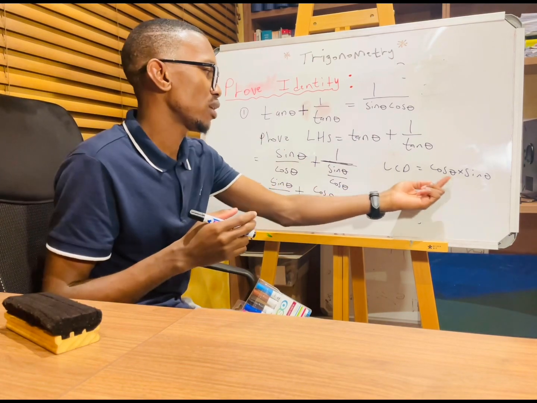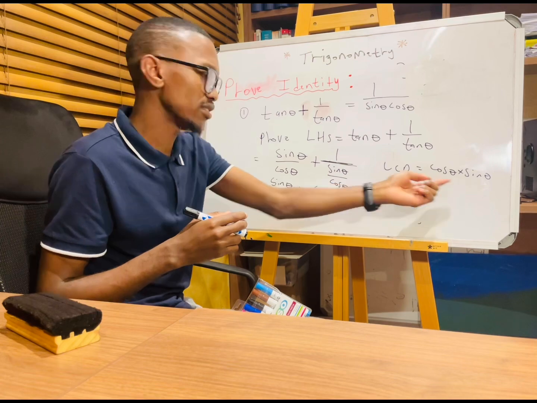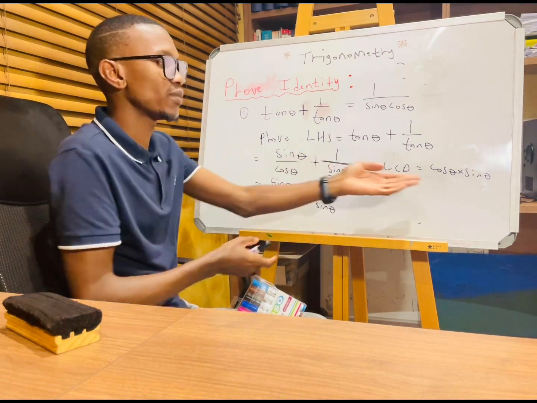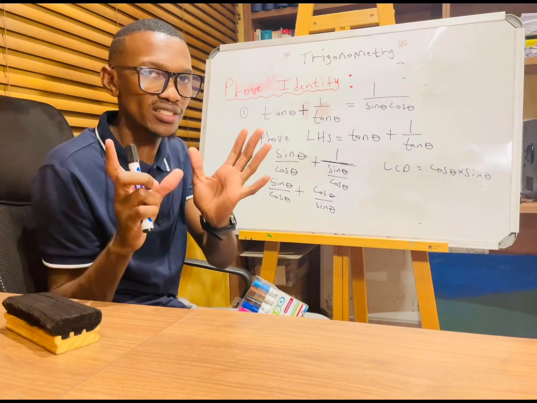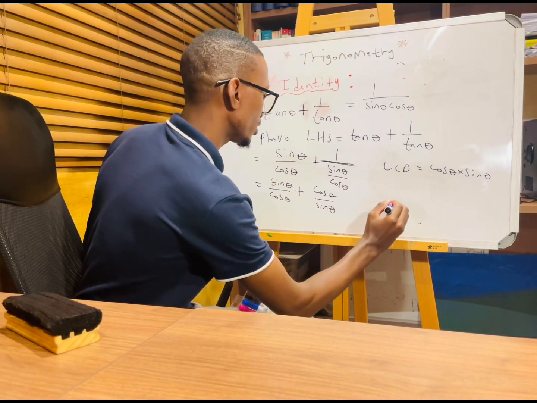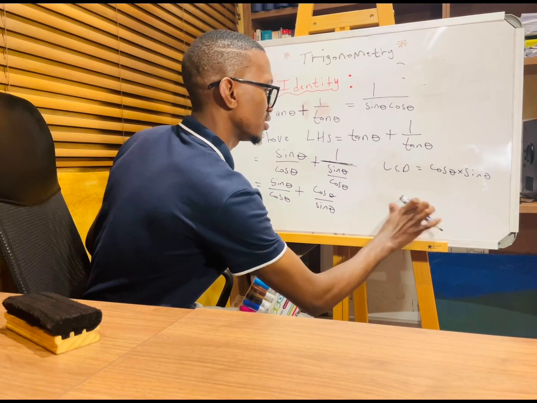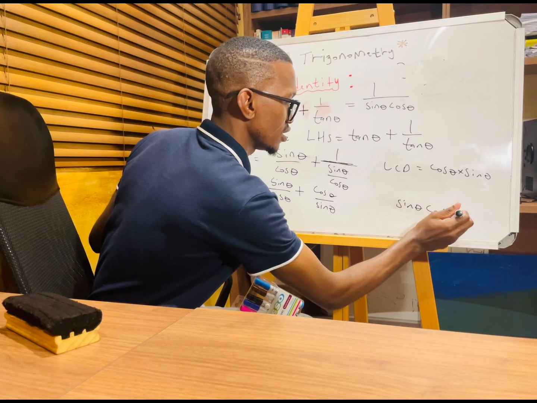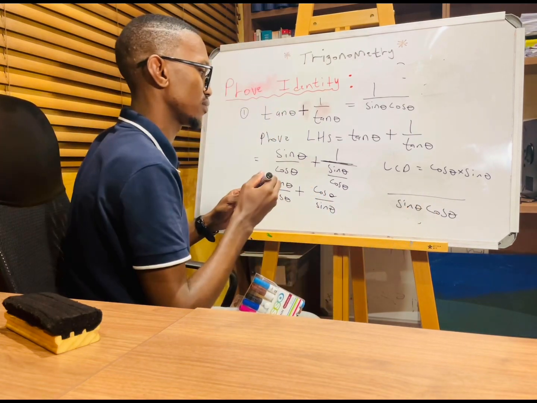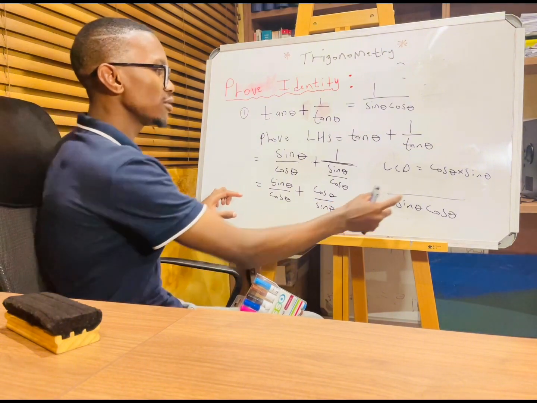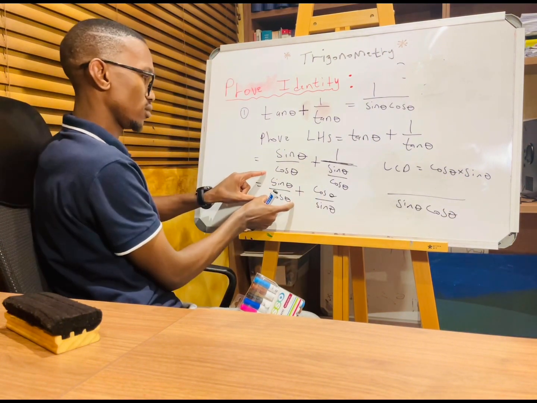We're going to multiply by this LCD on this fraction, divided by the same LCD. Check. So it's going to be sine theta cos theta all divided by.